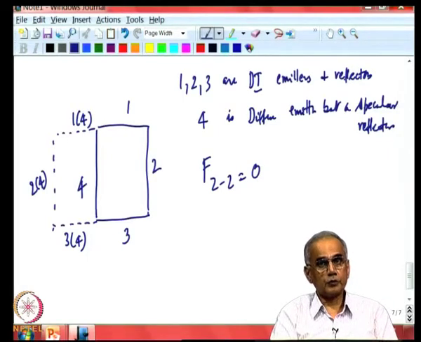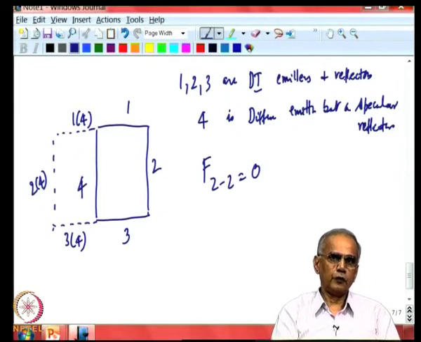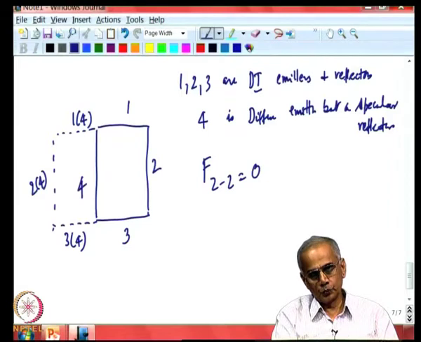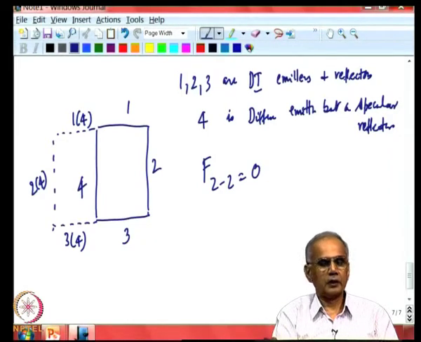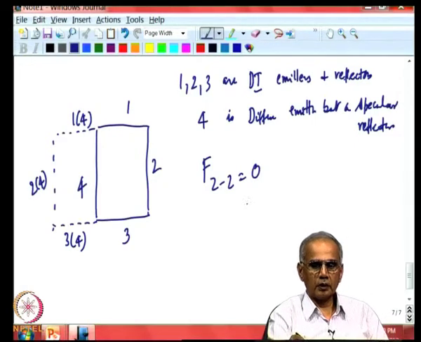So, radiation from 2 comes back to 2 because surface 4 is a specular reflector. Although the self viewing factor from the diffuse isotropic emission is not much, a certain fraction of this emission is reflected by 4 and will come back to 2 because 4 is a mirror. So, how much will come back?